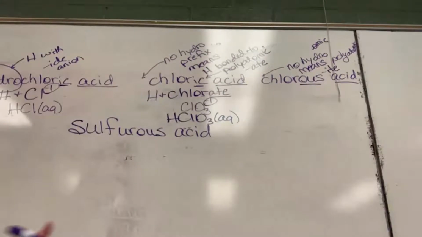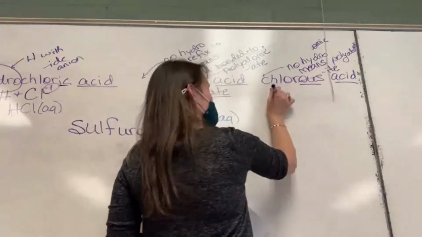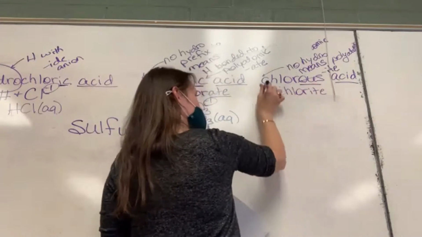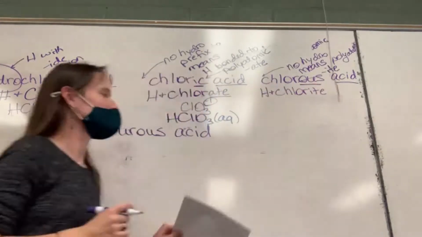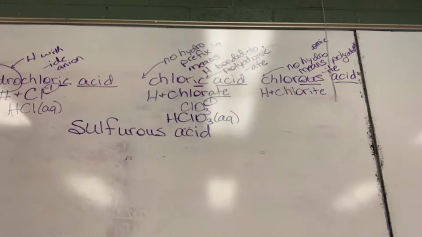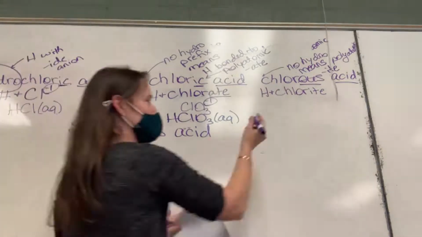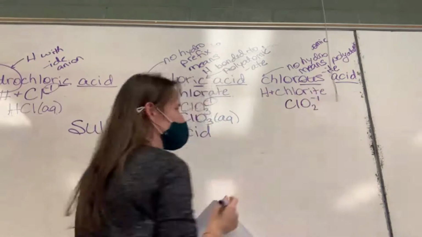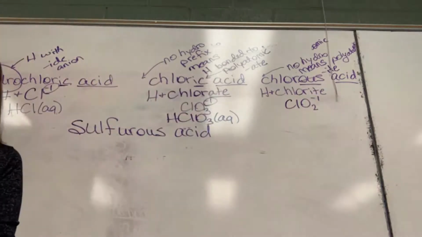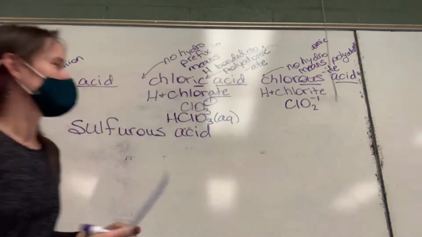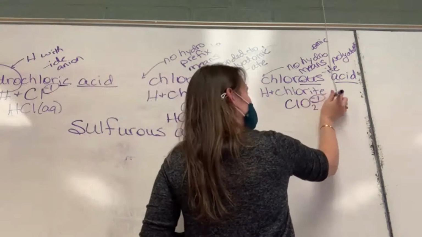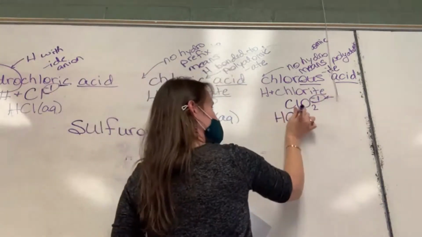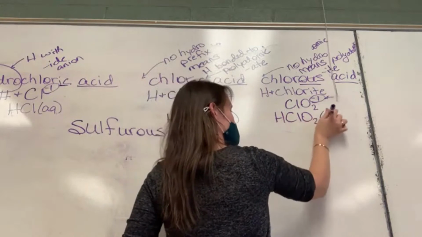And so chlorous, that's chlorite, with hydrogen on it. So you'd look up what chlorite is. So I'm going to go ahead and just tell you what it is. ClO2 -1. That's that ion. That's how many hydrogens you have bonded to it. So it's HClO2 AQ.